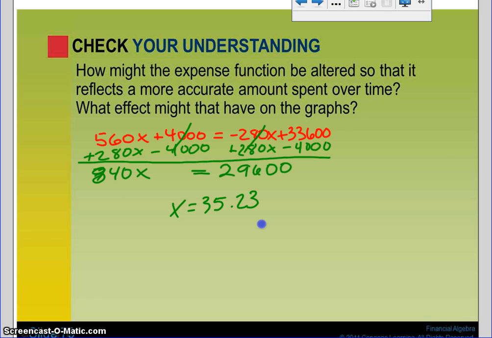So what that means is at the 35th month, the car's value will equal what is owed.